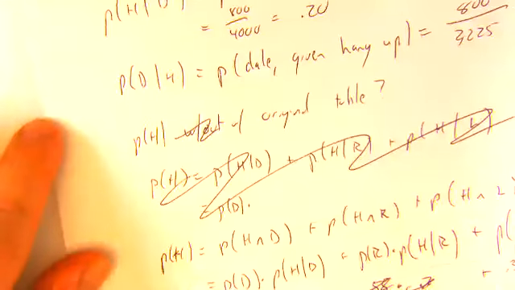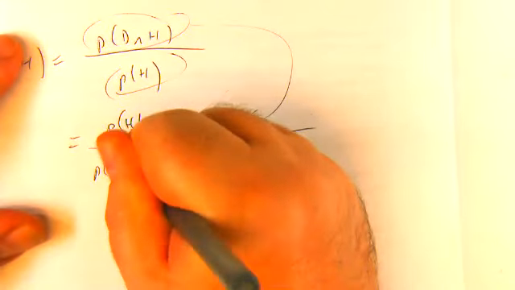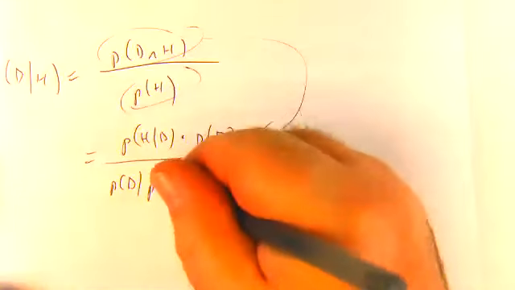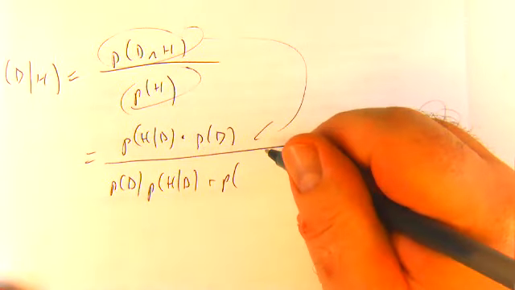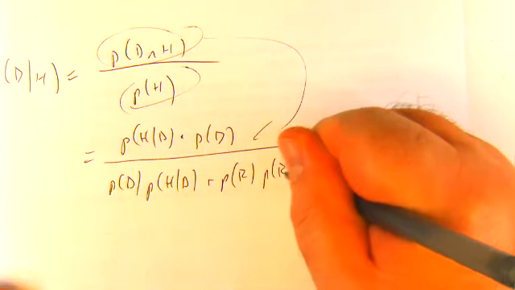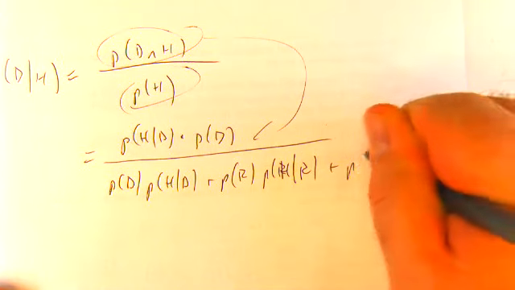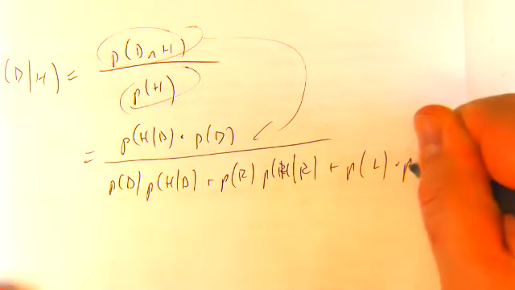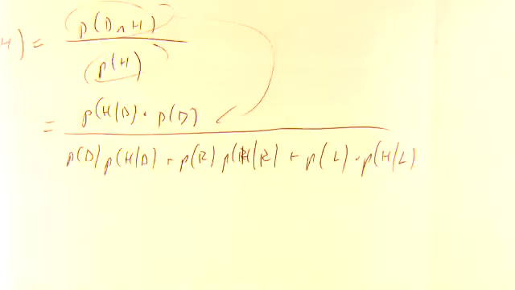I'm not even sure I want to write that down again, but I guess I will. H given D plus probability of Rusty, hang up given Rusty, plus probability of Lee making the call times probability that there's a hang up given that Lee makes the call.